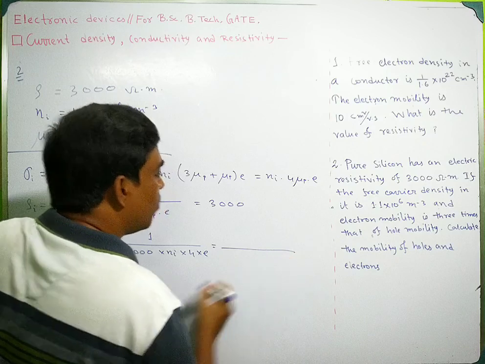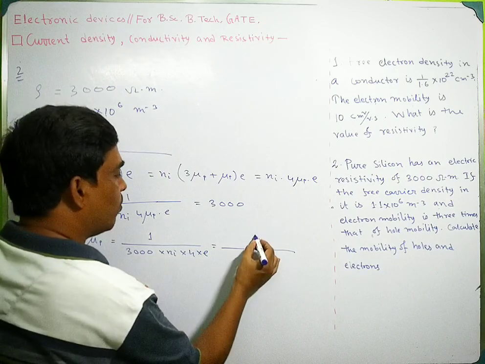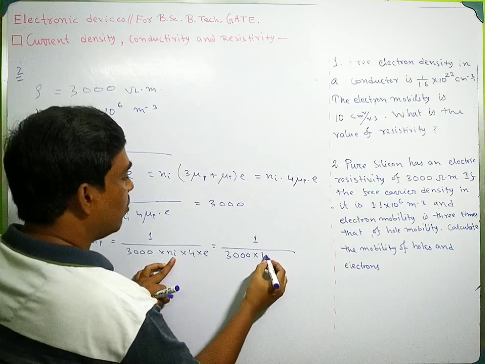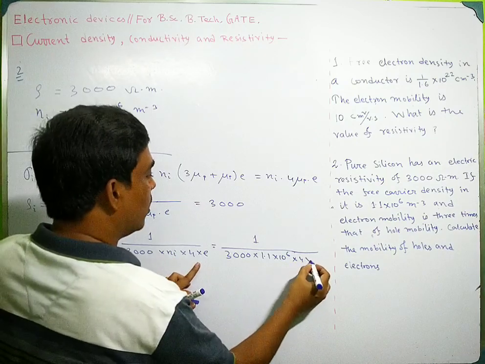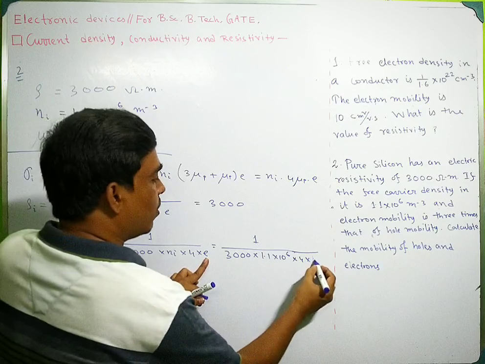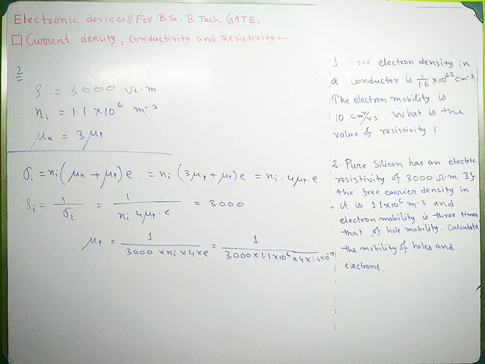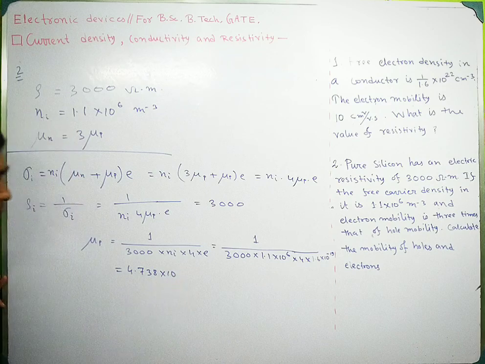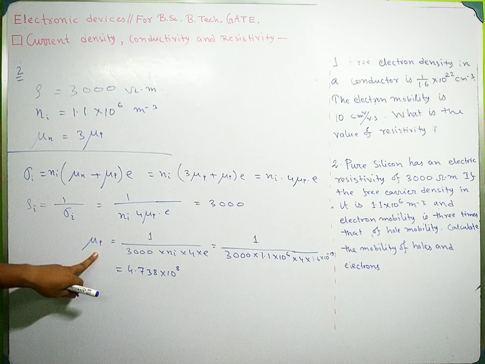If you put in the values, 3000 into Ni, which is 1.1 into 10 to the power 6, into 4, into the charge of the electron, 1.6 into 10 to the power minus 19, and calculate, it will be 4.738 into 10 to the power 8 meter square per volt second.